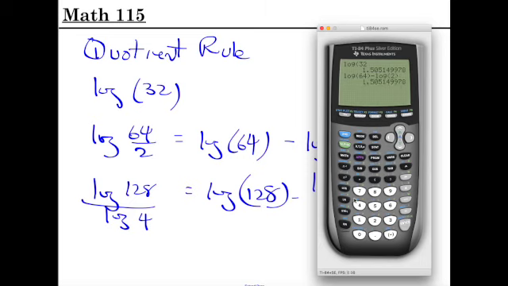And I don't really have to show it at this point. You guys get the idea. The log of 128 divided by the log of 4 will give me the same answer. Oh, what did I do? Oh, I divided, idiot. So the log of 128 minus the log of 4 will give me 1.505. So this is a really cool rule. This is the quotient rule.